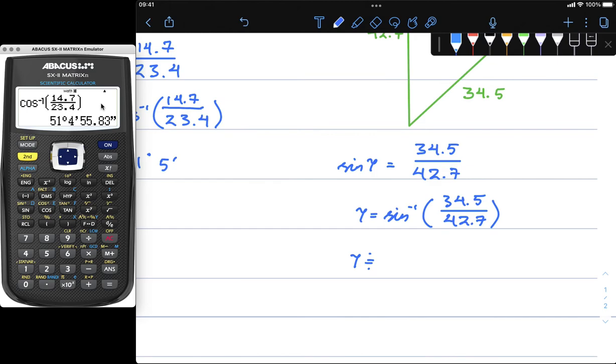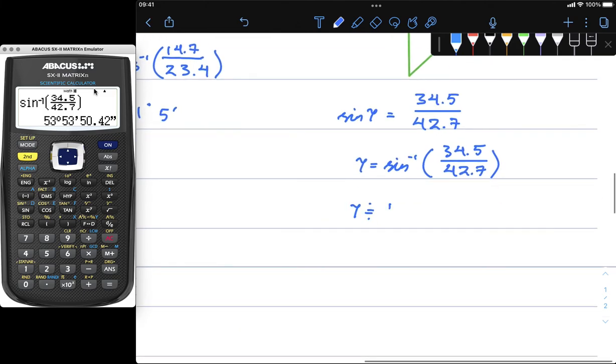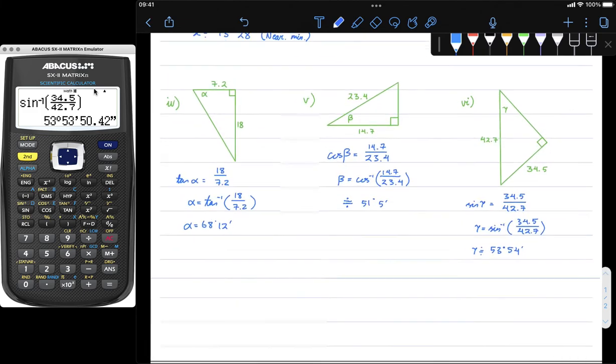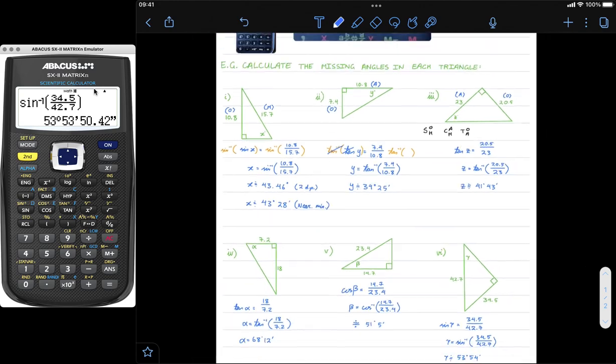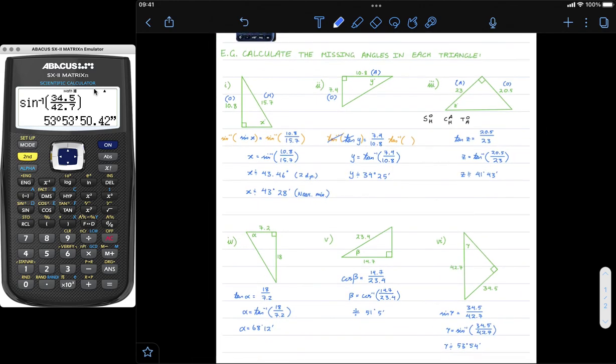Gamma is approximately, into our calculators, shift sine, so sine inverse of 34.5 over 42.7. Rounding to the nearest minute, this gives us 53 degrees, 54 minutes. So, I hope that gave you an insight into calculating missing angles using trigonometry.